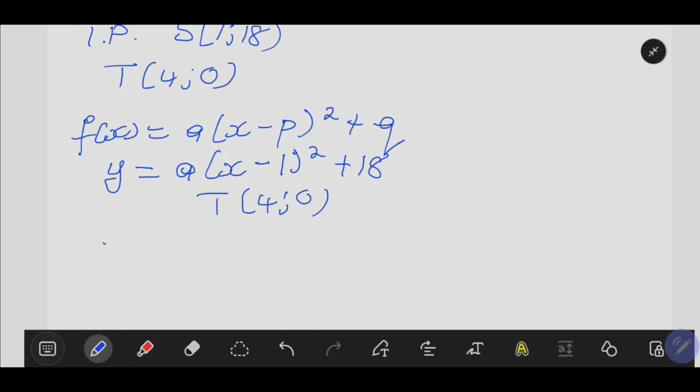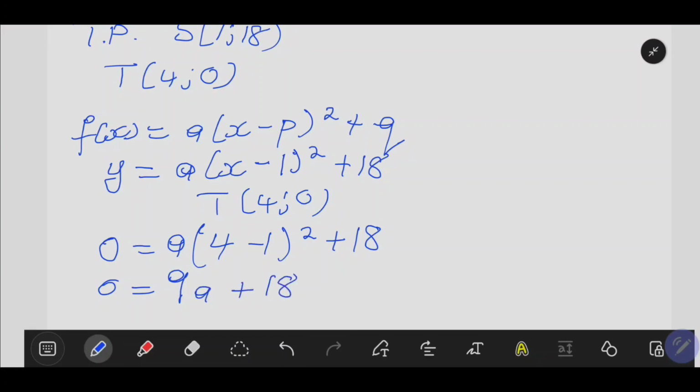Then it means we're going to say 0 is equal to a into, then the value of x, we substitute 4, then this is (4 minus 1) all squared plus 18. Then we're going to have 0 is equal to, inside here we're going to have 3, and then we square 3, it's going to give us 9. Then 9 multiplied by a plus 18.